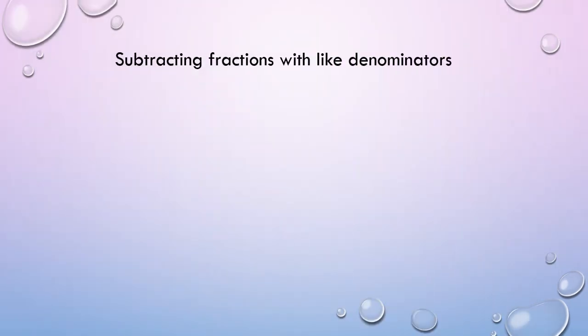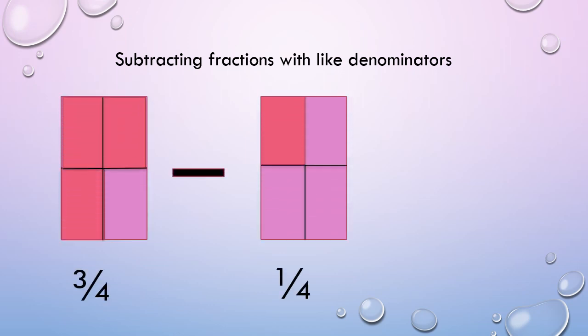We're going to learn about subtracting fractions with like denominators. So, like denominators means the same denominators, and these two fractions have the same number as their denominator, 4, and they are each separated into 4 pieces. And these 3 pieces are pink.